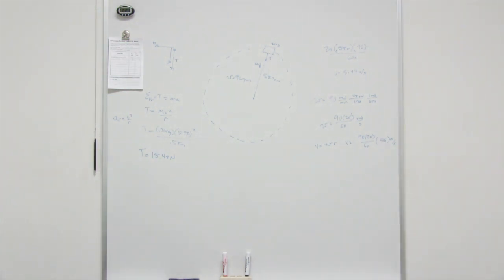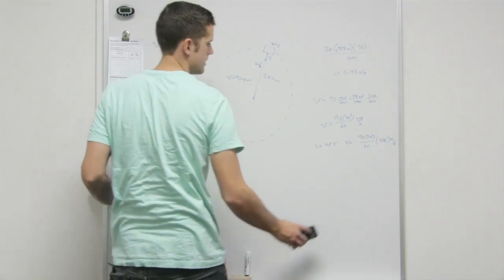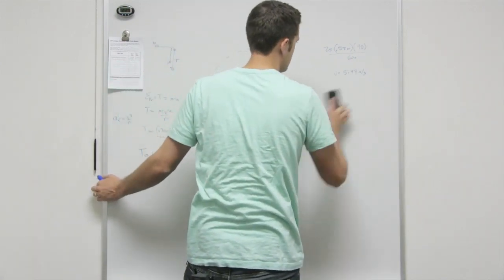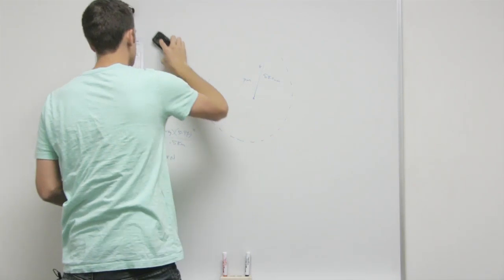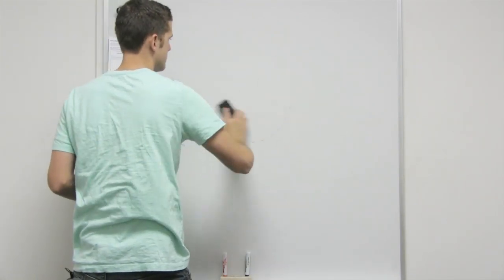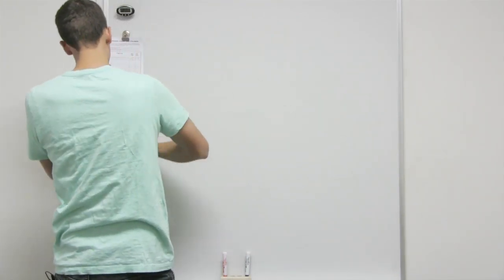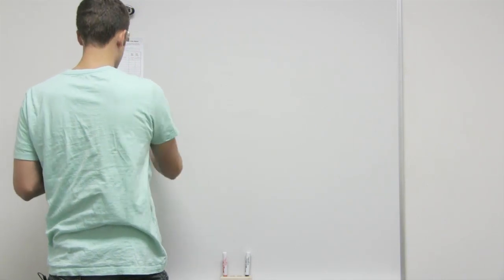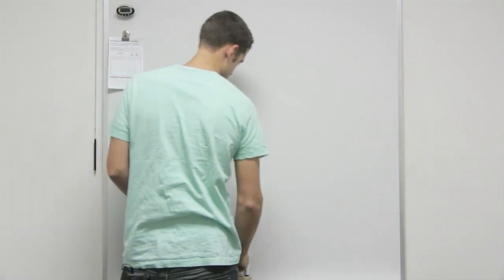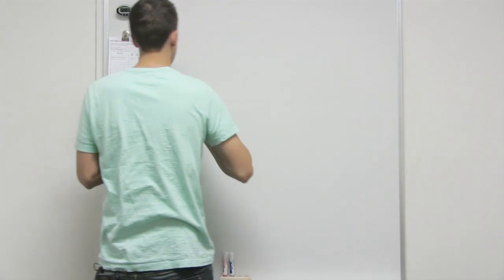A conical pendulum is formed by attaching a 0.7 kilogram ball to a 1 meter long string and then allowing the mass to move in a horizontal circle of radius 10 centimeters. It's asking for the tension of the string and the ball's angular velocity.